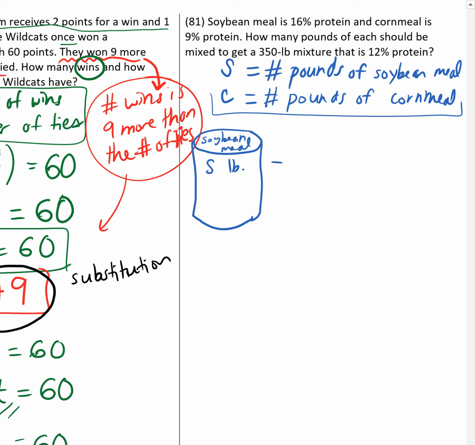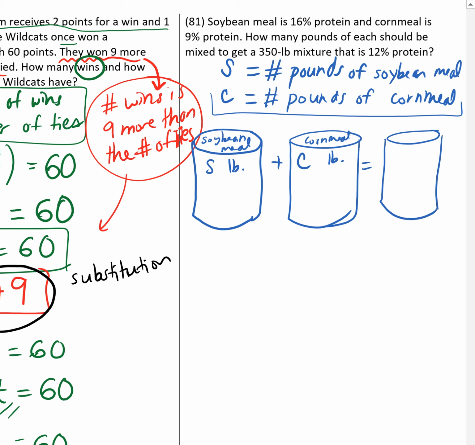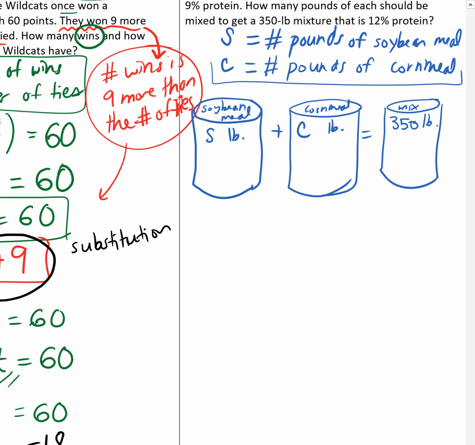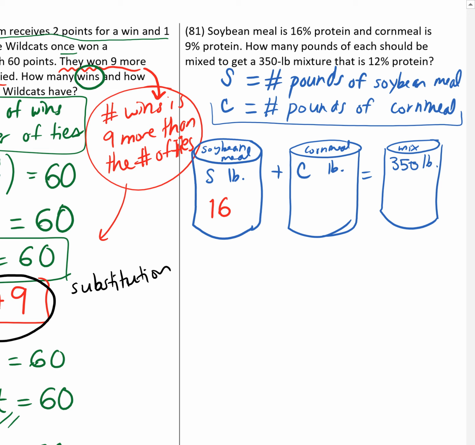We're going to take that and combine it with some number of pounds of cornmeal, called C. And we're going to end up with a mixture that has 350 pounds. Then I'm going to label their percentages so I remember. The soybean meal has 16% protein, the cornmeal has 9% protein, and we want the mixture to have 12% protein.